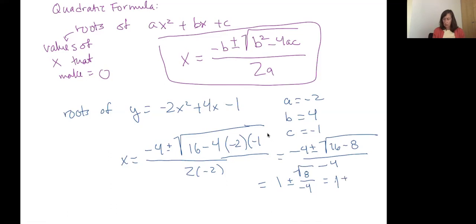So this is 1 plus or minus, factoring out the 4 under the radical, it becomes a 2 because there's the square root, 2 times the square root of 2, divided by 4. So I get 1 plus or minus the square root of 2 over 2. Okay, fine.